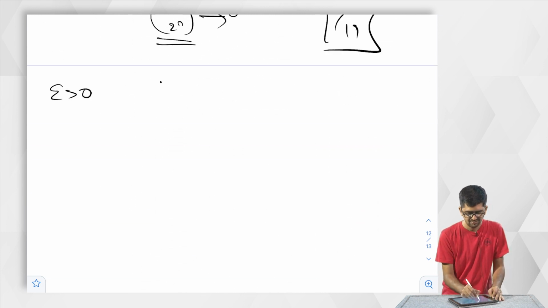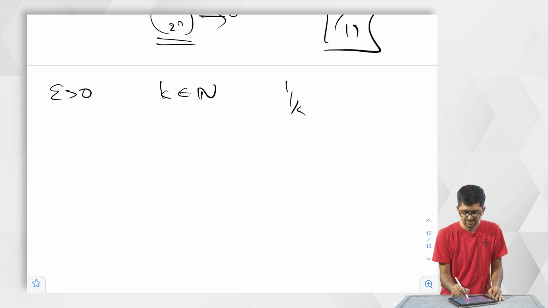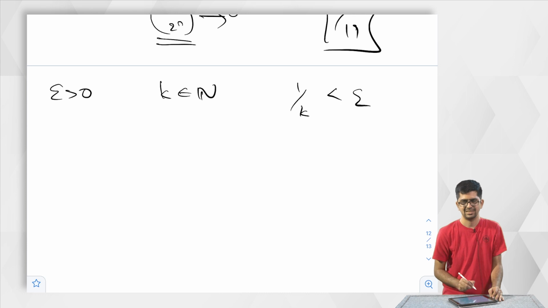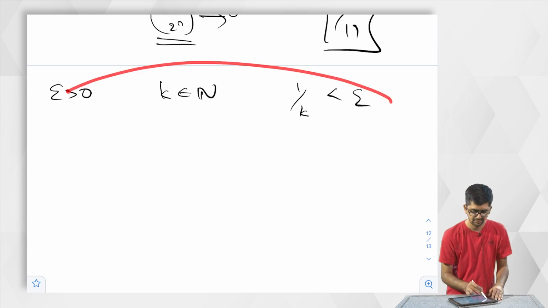Given epsilon positive, I already have an element k belongs to N such that 1 by k is less than epsilon. This is the Archimedean property.